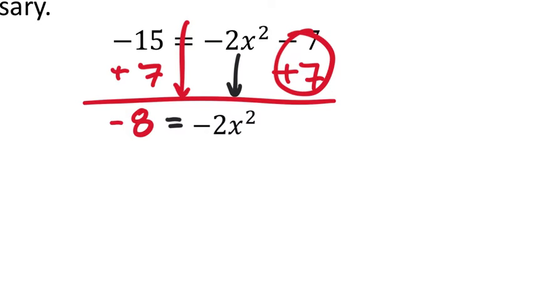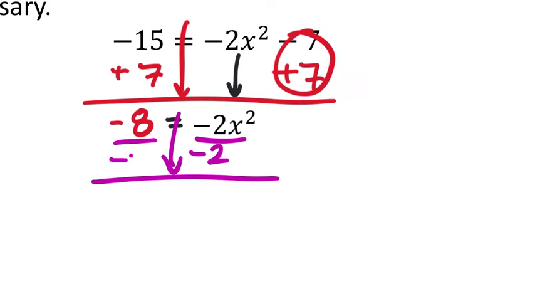Okay, so I got negative 8 equals negative 2x squared, but I also don't want that coefficient of negative 2. So I'm going to have to use another principle of equality to divide both sides here by negative 2, making that a phantom 1 x squared. And then we got negative 8 divided by negative 2, which is 4.